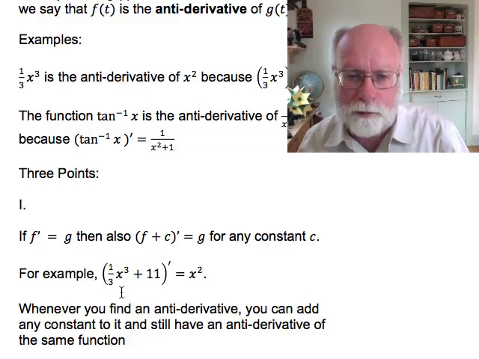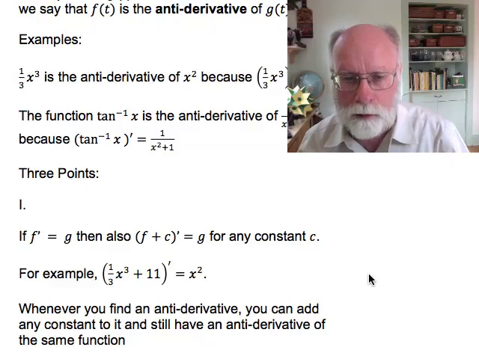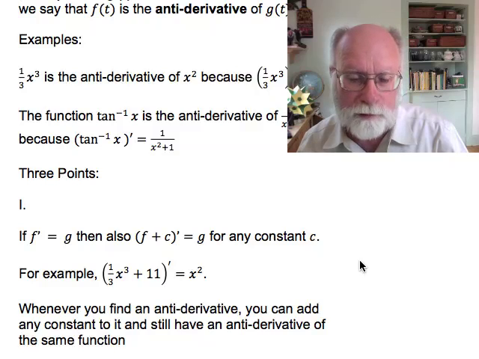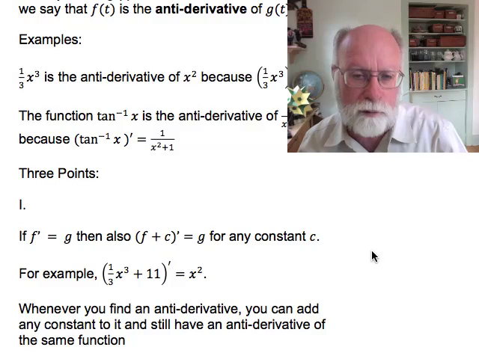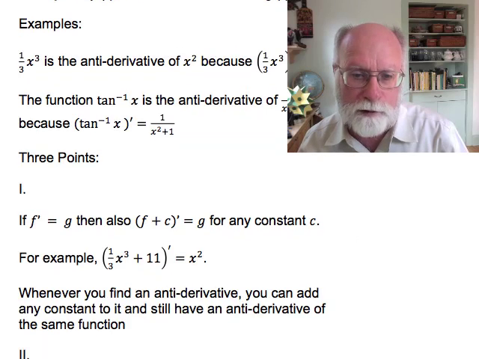So, for example, if we took 1/3 x cubed and added 11 to it, the derivative would still be x squared. So whenever you find an antiderivative, you can always add a constant to it and you'll still have an antiderivative. This is actually a very useful fact because when we are using integrals to solve differential equations, we need these constants to adjust our solution to the initial conditions of the model and to further adapt our answer.